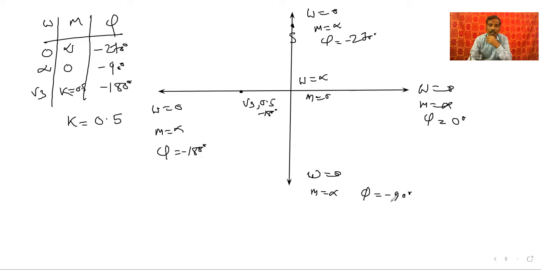So plot the polar plot. This is the polar plot. Then draw the Nyquist mirror image.